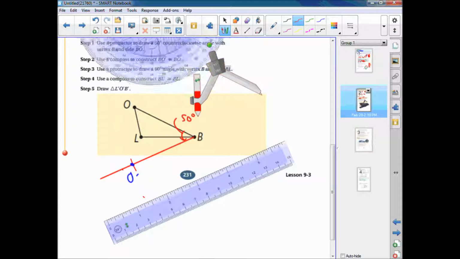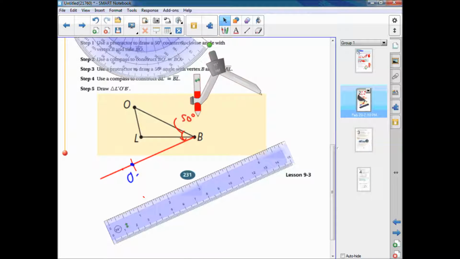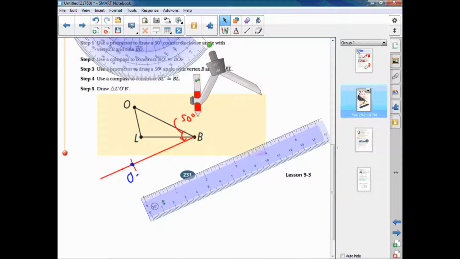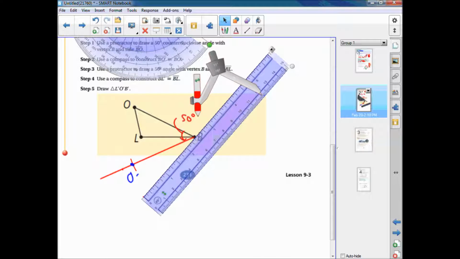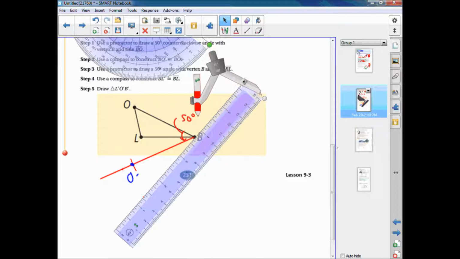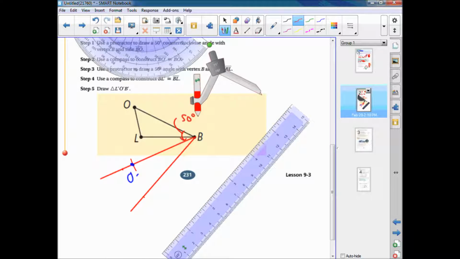I'll get my protractor out of the way. I'll use my straight edge here. And here we have B, L prime. Okay, it's going to be somewhere on this line.